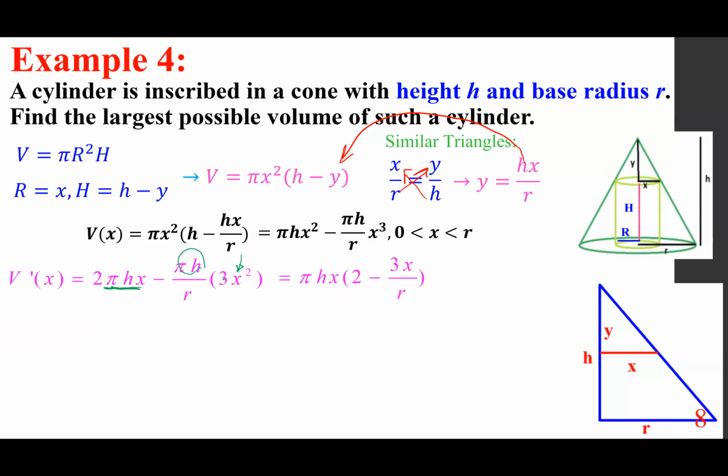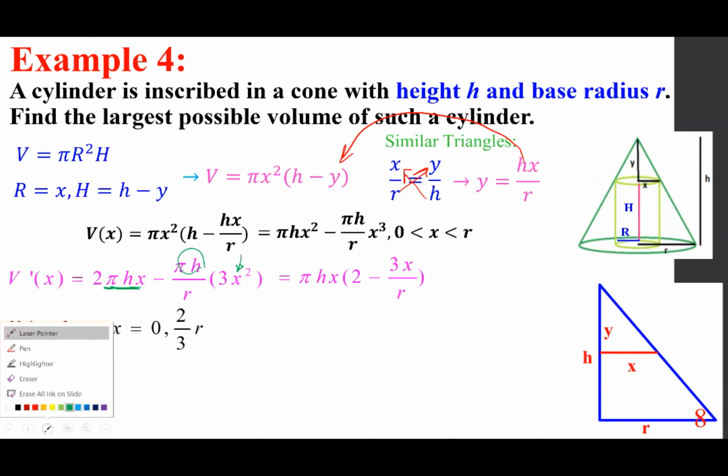When you want to find the critical points, you set this equal to 0, and we get two answers. One of them x is 0, one of them 2 equals 3x over r, or x is 2/3 r. So again, I want to quickly show you either this one is 0 or this one is 0.